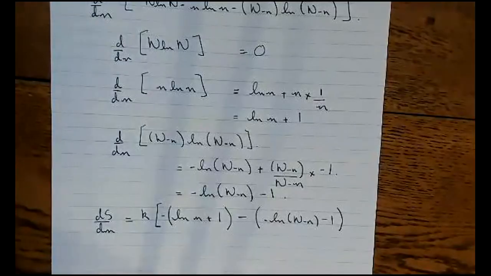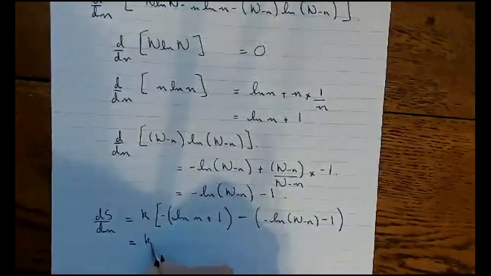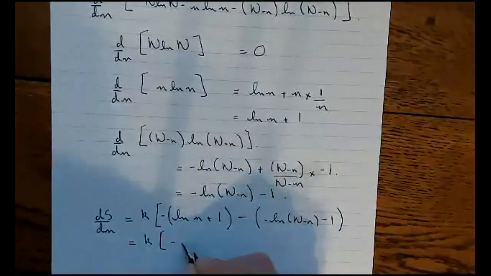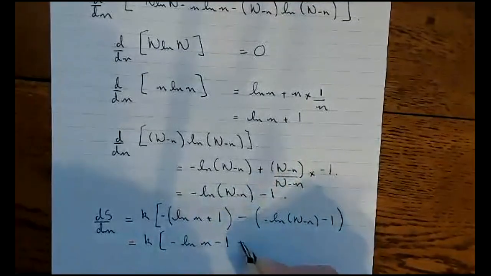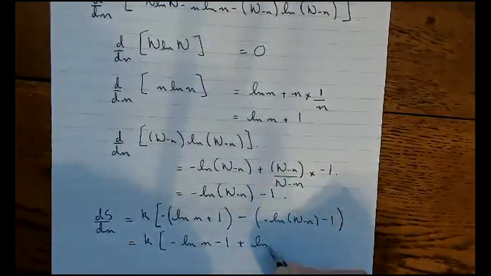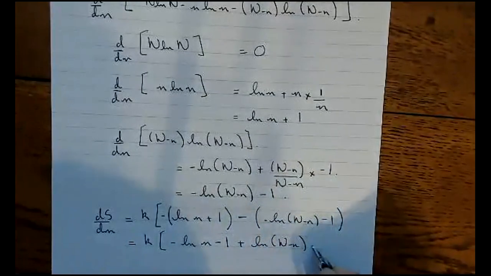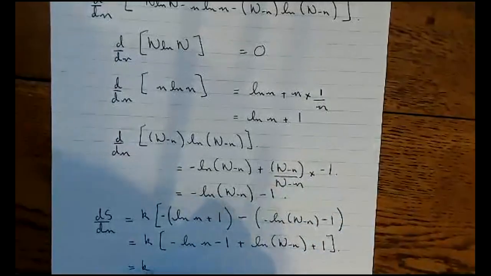There's bound to be something that has gone wrong here, right? Okay, so that's k times minus ln n minus 1 plus ln of big N minus little n plus 1, which is k.